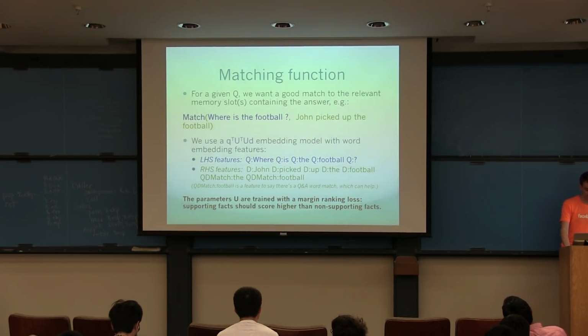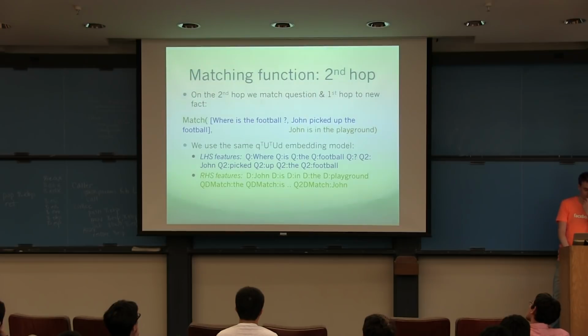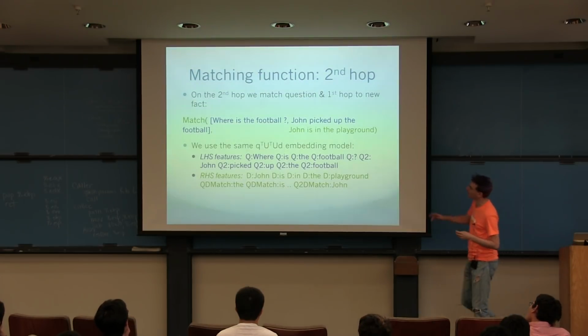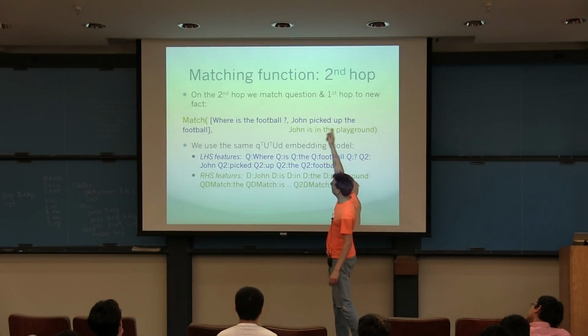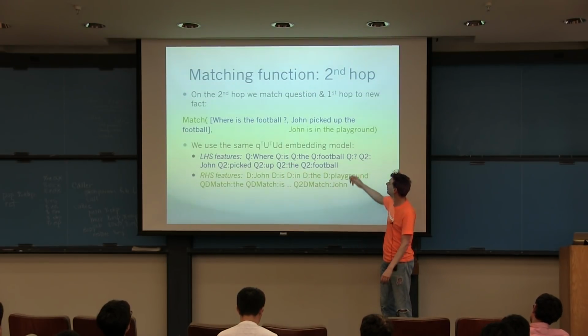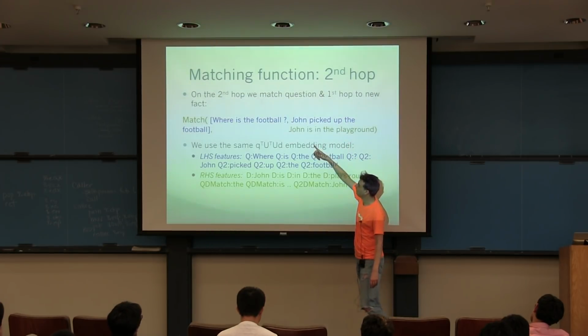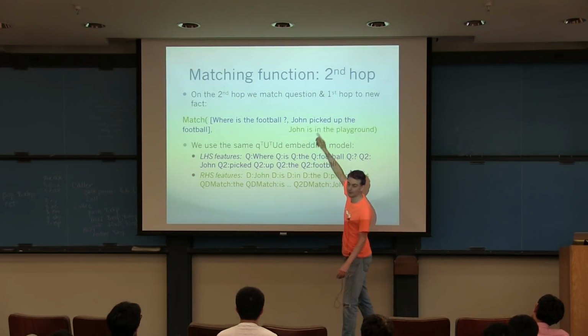But yeah, those are the features in the first hop, and then after you found that first supporting fact, let's suppose the question is where is the football? John picked up the football was the first supporting fact, and that was found. Now you want to score a second supporting fact, and it's conditional both on the question and that first supporting fact.